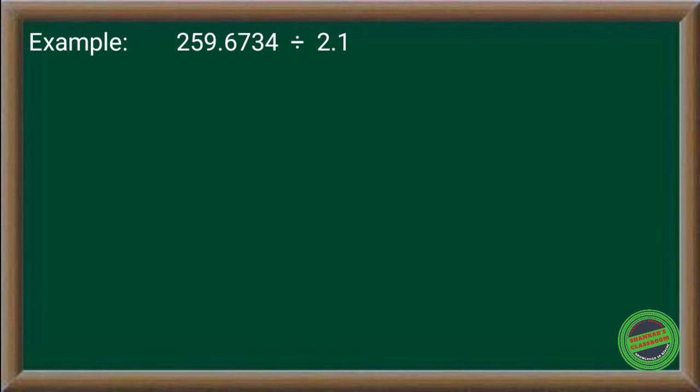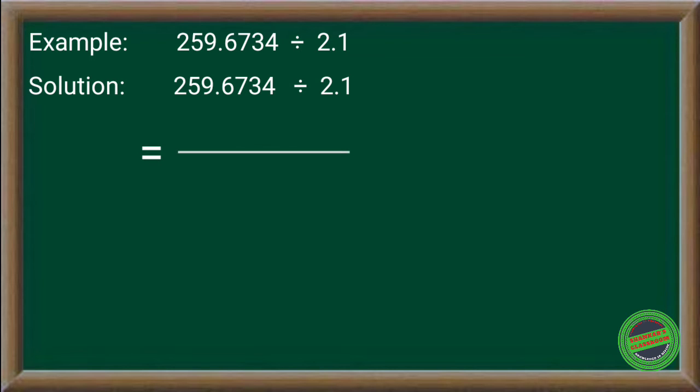259.6734 divided by 2.1. Same as the earlier solution, we will write in the form of numerator by denominator and then multiply the denominator and numerator by the same number, and then we will convert the denominator, that is 2.1, into a whole number.